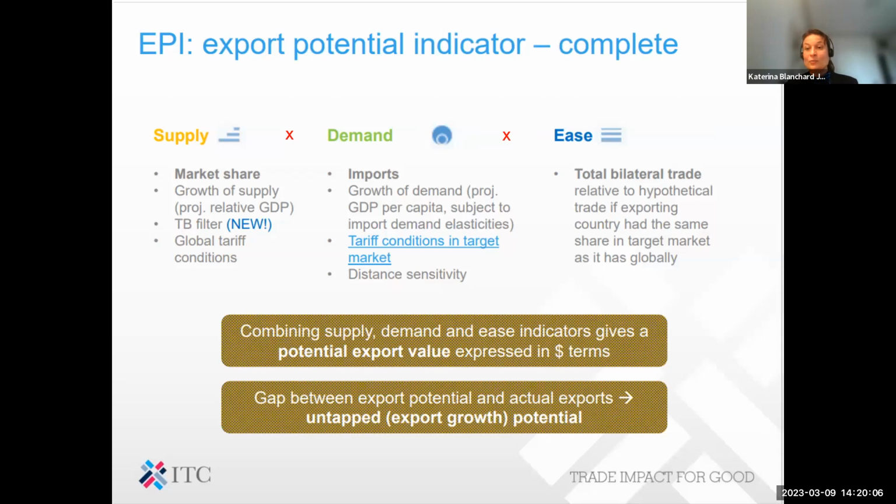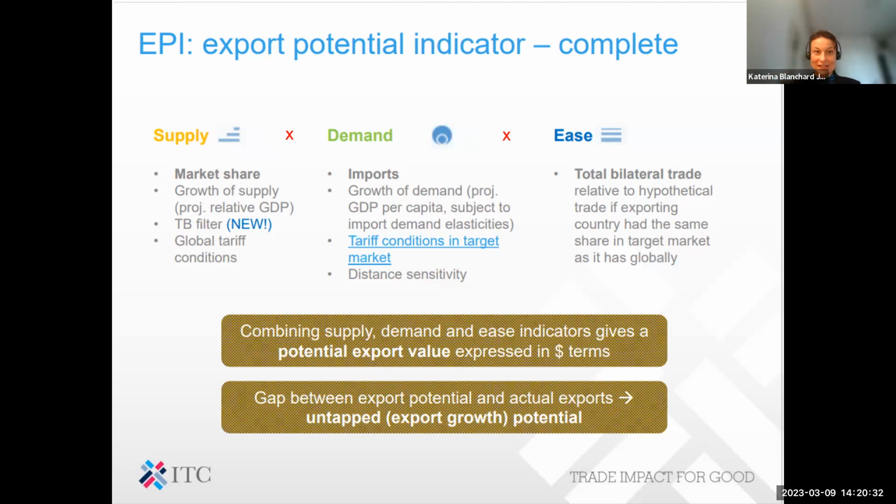Supply and demand are projected into the future based on the GDP and population forecasts. So we will take into account the expected growth of GDP per capita, for example. We will also impute the demand elasticities. How sensitive are the markets to changes in price of, for example, imported products, and forward-looking tariffs.